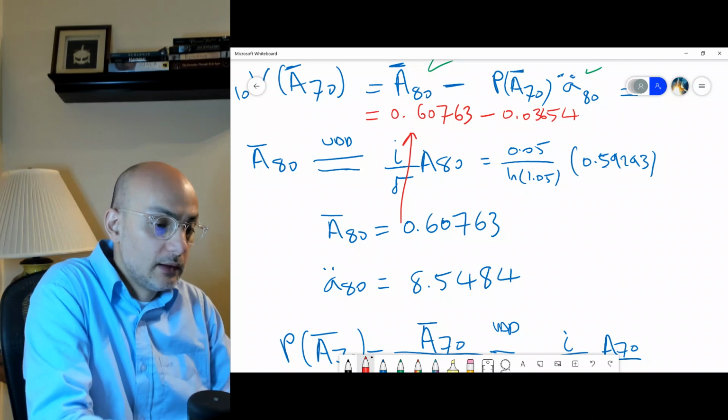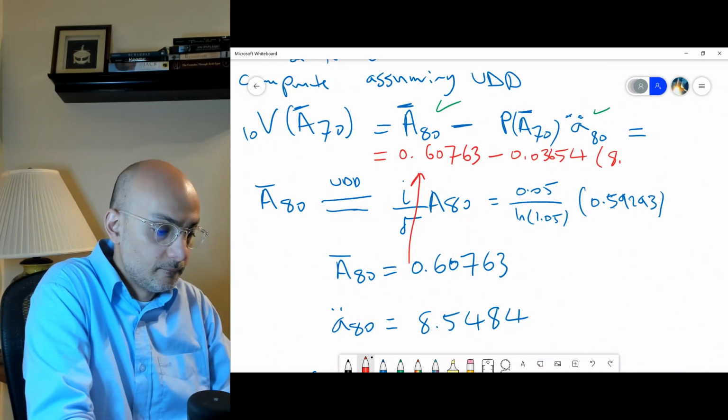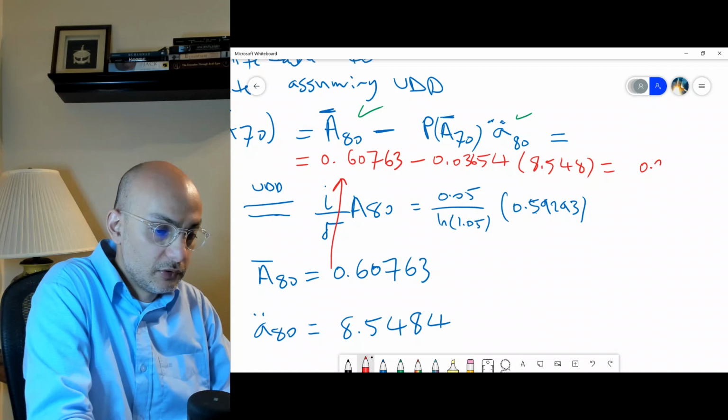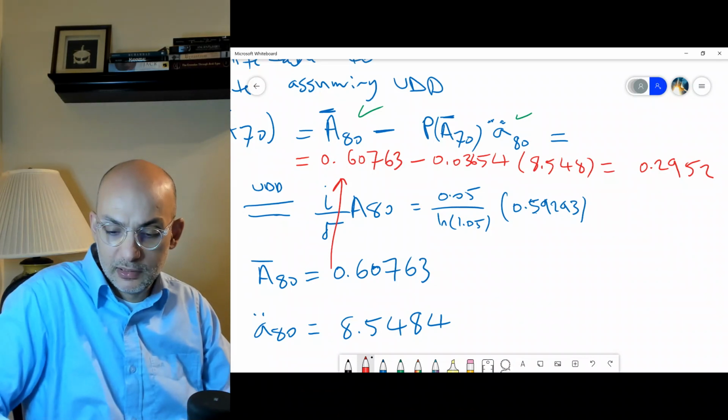And then with the annuity, if you add it up, it will be 0.2952. It should be a little bit bigger than the previous one, because again the benefit is closer to the time of death.